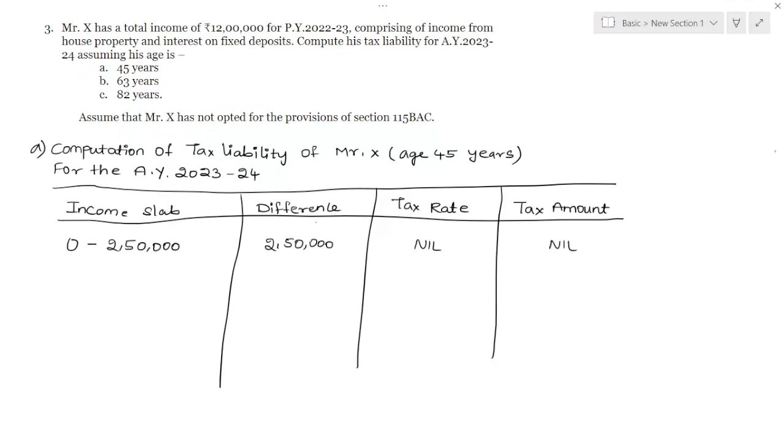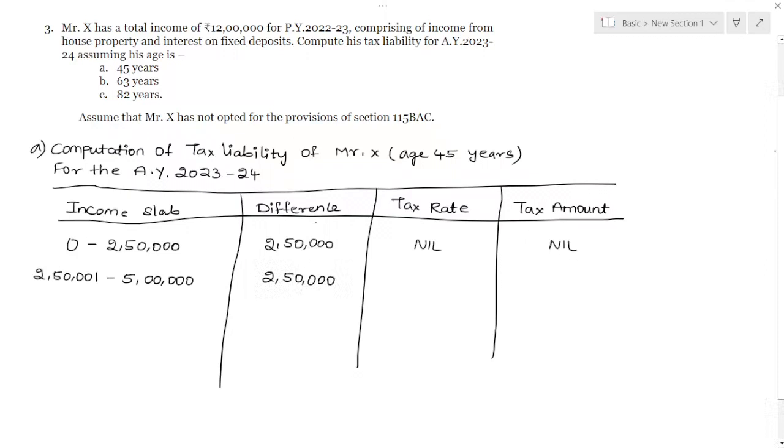Okay, very good, awesome. Now let's come to 2,50,001 rupee to 5 lakhs. In the income slab, 2,50,001 rupee to 5 lakhs. What is the difference? Again 2,50,000, right? 5 lakhs minus 2,50,000. So again 2,50,000 is the difference.